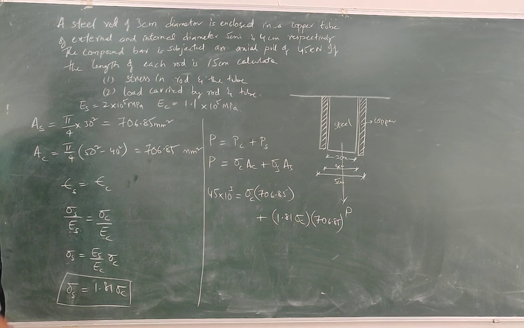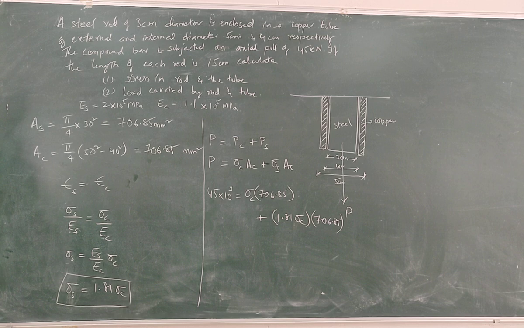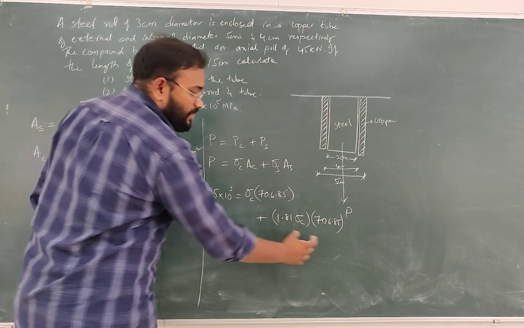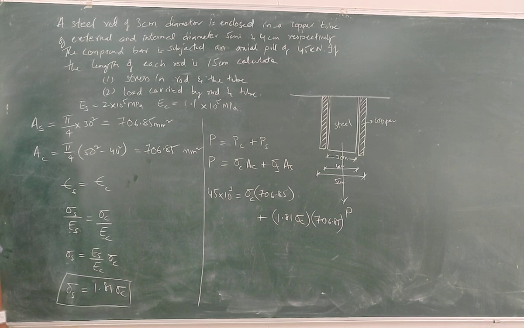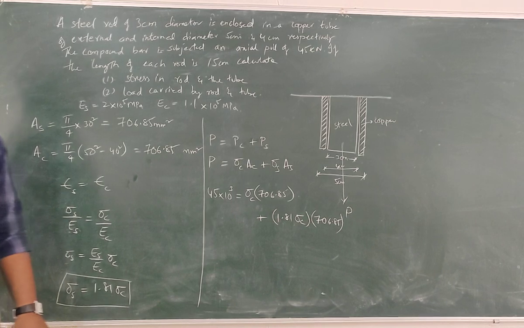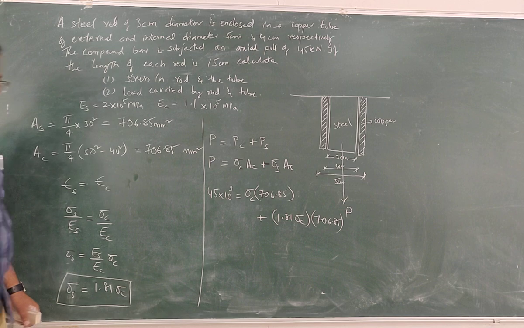Tell me what is the answer for sigma c? 1.81 into 706.85 plus 706.85 is 706.85 into 2.81, which is 1986.24.